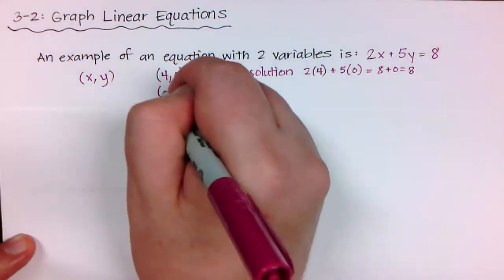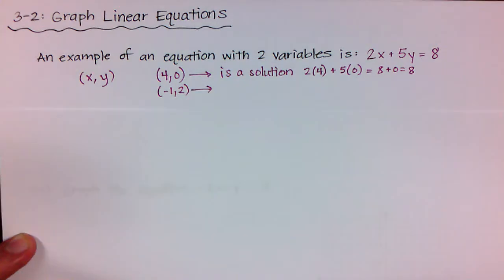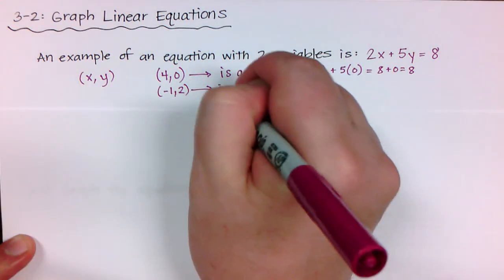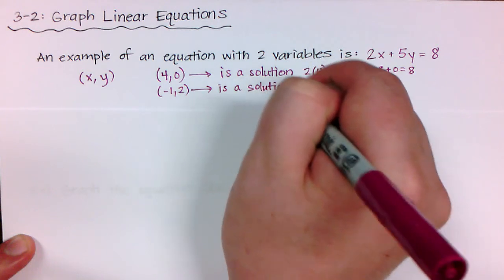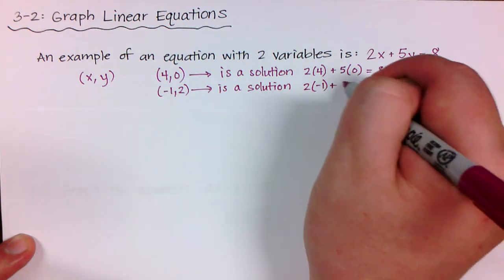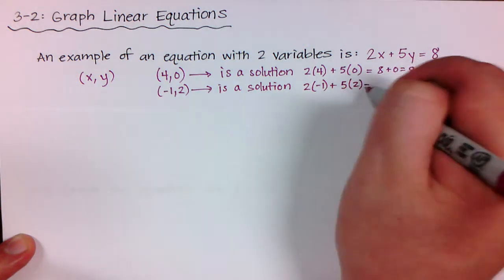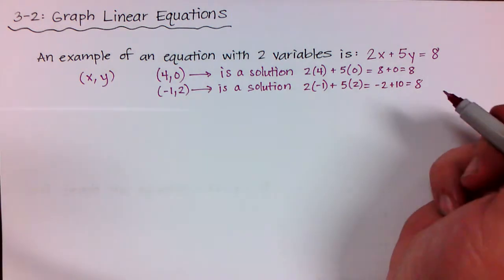Also, how about -1, 2? Is that a solution? Well, it actually is. It is a solution, because when I plug this in, I'm going to get 2 times -1 plus 5 times 2, which is the same as -2 plus 10. And that also is 8.